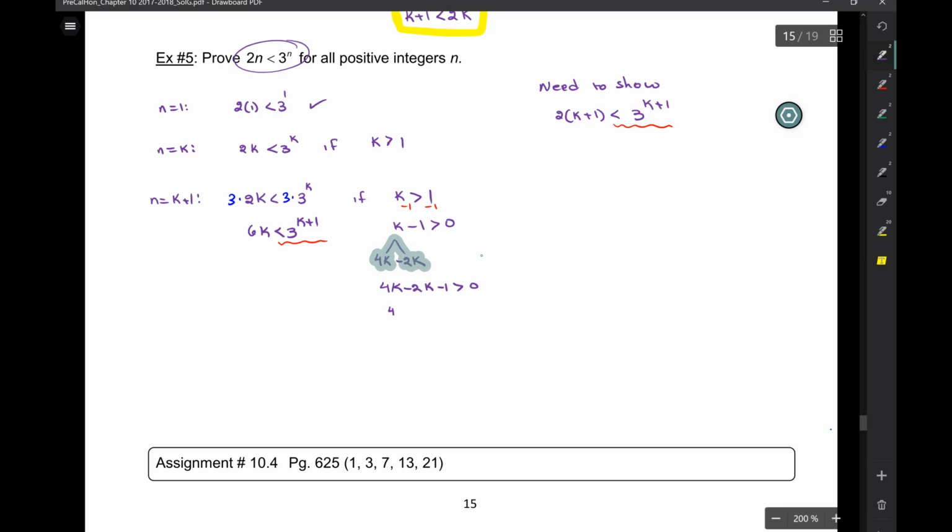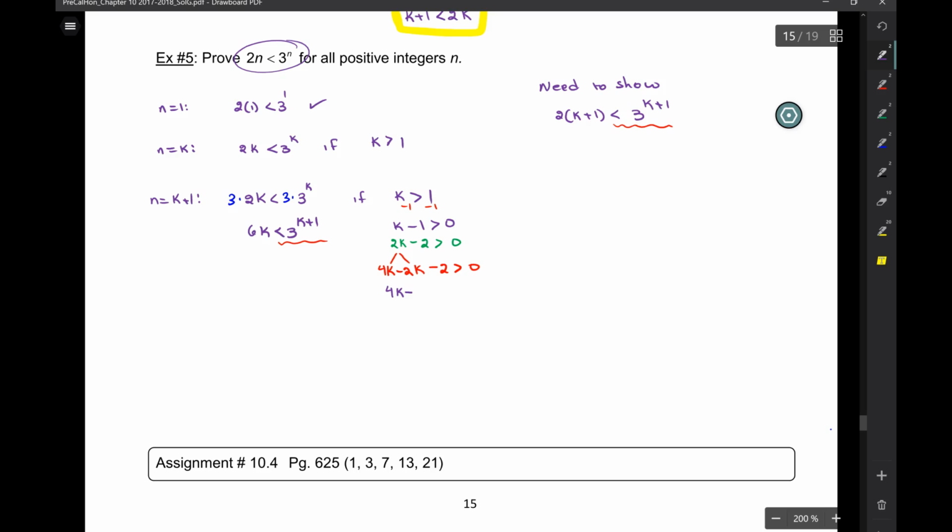Except if we do it this way, 2k minus 2. Why don't we write this as 2k minus 2 is greater than 0? I can totally do that. And then 4k minus 2k minus 2 greater than 0.